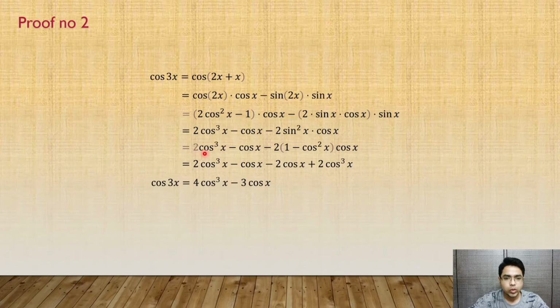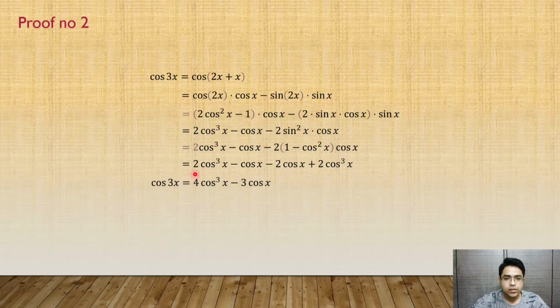Now further, 2 cos cube x minus cos x minus 2 bracket 1 minus cos square x into cos x. Here we have substituted the value of sin square x as 1 minus cos square x from the identity formula of trigonometry number 1. Now further we will be getting 2 cos cube x minus cos x minus 2 cos x plus 2 cos cube x, as we are multiplying this cos x in this bracket.